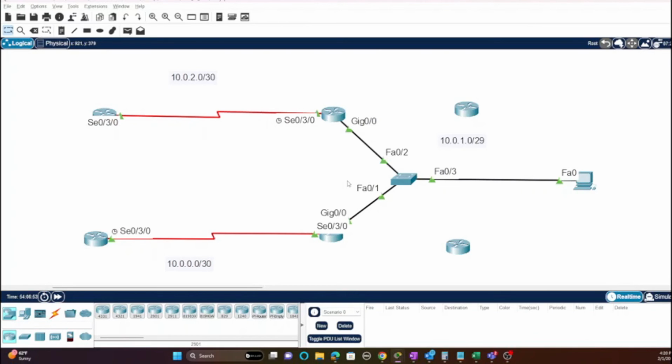There's a protocol for how they're going to elect this DR router and the BDR router. So they're going to say, out of these two routers, we will elect you as the DR. And instead of sharing all the information with each other, everybody's just going to share it with this one router right here. He knows about all of that.